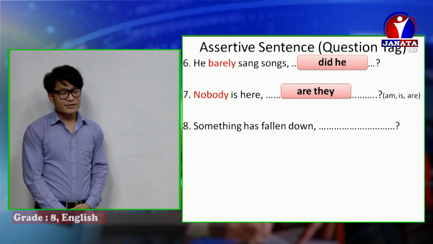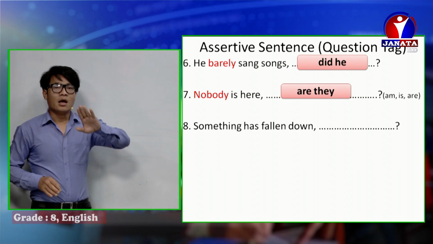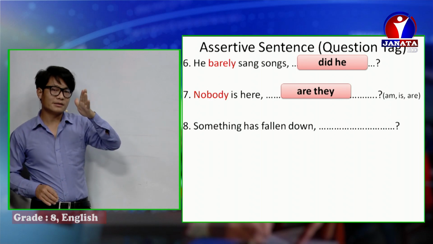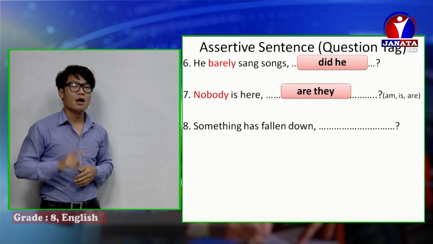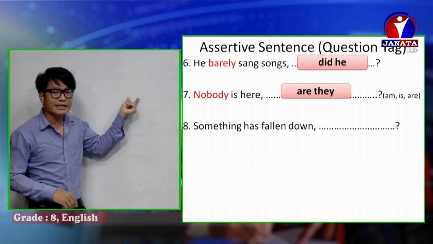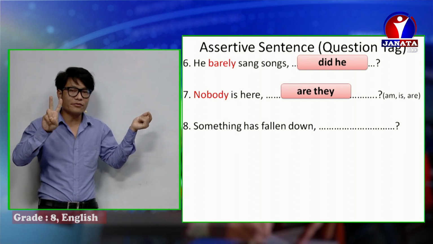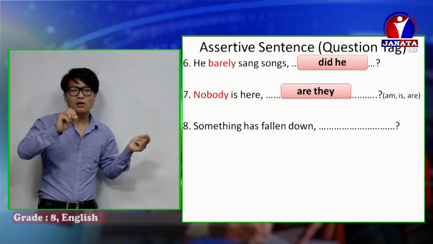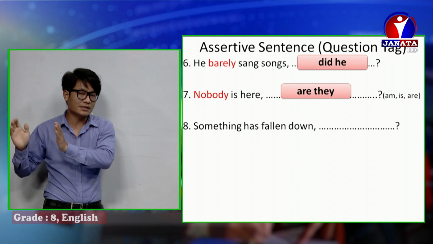Next, something has fallen down. Before, while teaching, I had told you that words with thing, like something, everything, nothing, anything, all change into the pronoun it. So something should be changed into the pronoun it. It has fallen: has plus verb 3. This is present perfect, and the auxiliary verb of present perfect is has, and obviously there is a hidden have also.